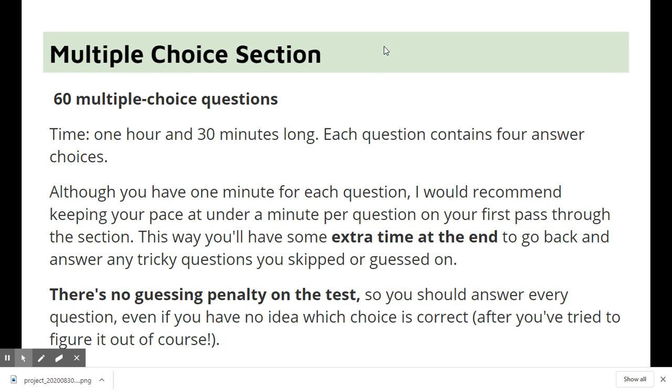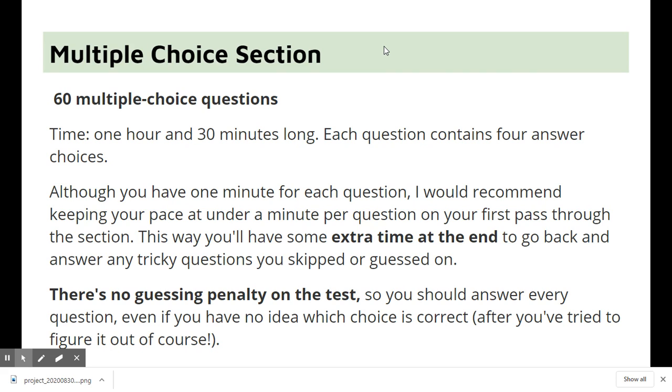In the multiple choice section, there's 60 multiple choice questions. You're going to have an hour and a half to complete this section, and you'll have 4 options. In former exams, it wasn't 4 multiple choices, it was 6. So they've dialed it into 4, which is an improvement for you all as the test takers. So you have about a minute for each question.